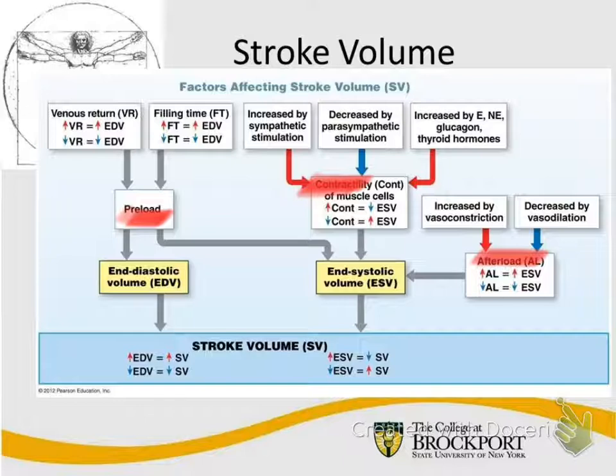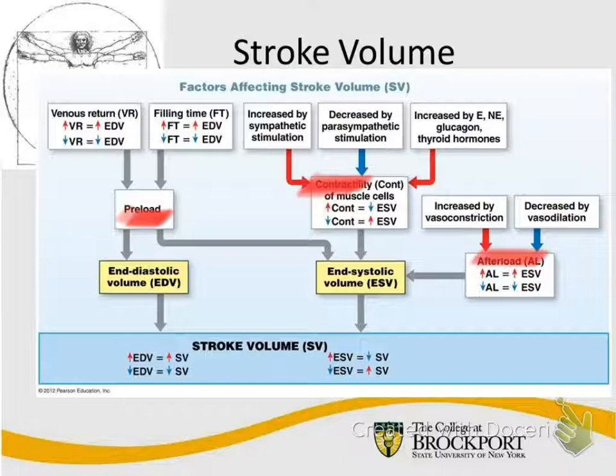So what we know is that preload, by definition, is the amount of stretch on the ventricles at the end of atrial systole, or better, at the start of ventricular systole.